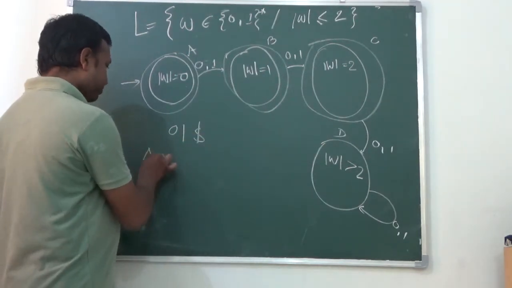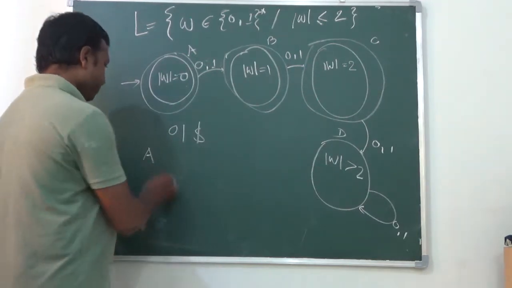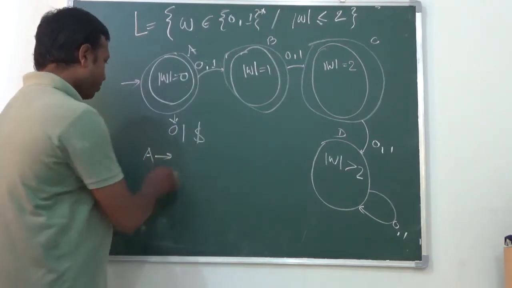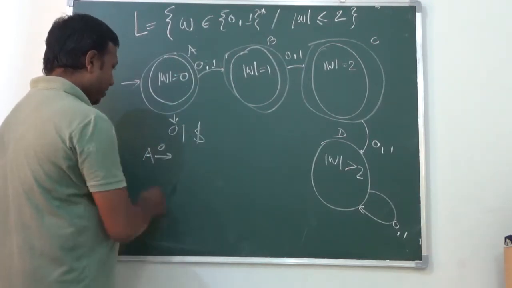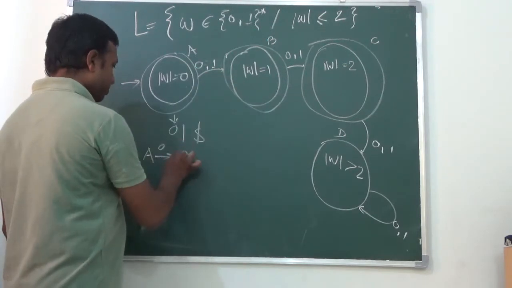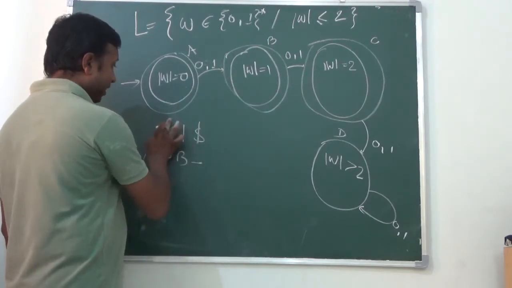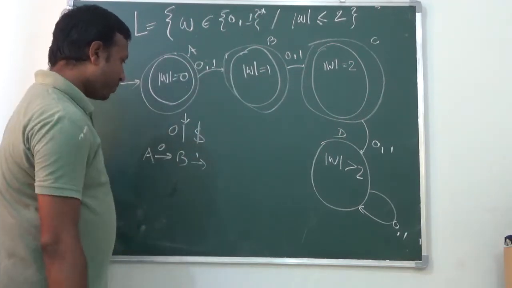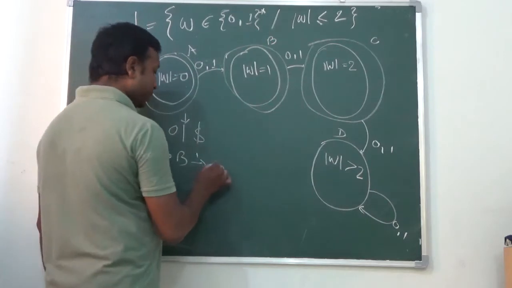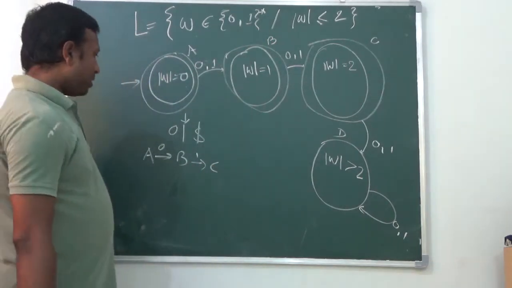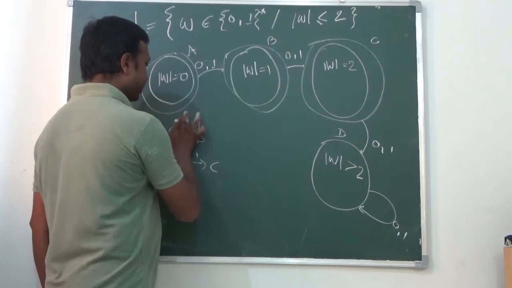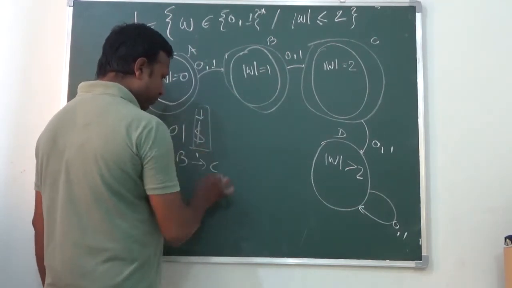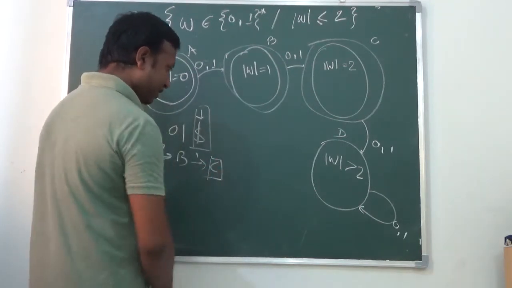As the state is A, and the read head is on 0, I will get to the state B, and the read head will move to this 1. Then if I read a 1 from the state B, I go to the state C, and then the read head moves to the dollar. So if the reading head is moving to the dollar, what is the last state? The last state is C.